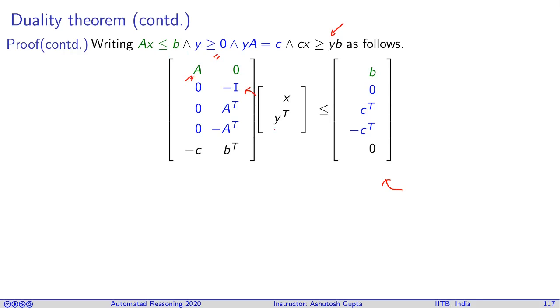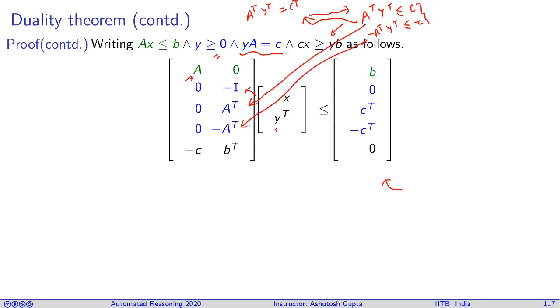You can check that yA = c needs to be translated into A transpose y transpose = c transpose, and then broken down into two constraints: A transpose y transpose ≤ c, and minus A transpose y transpose ≤ minus c. Both together imply these constraints, so that's why it produces this and this constraint.